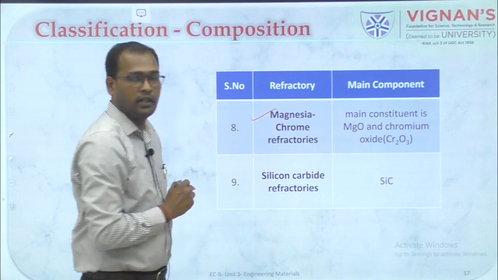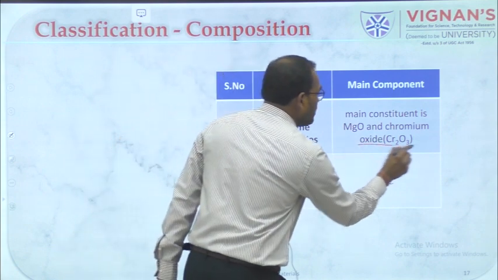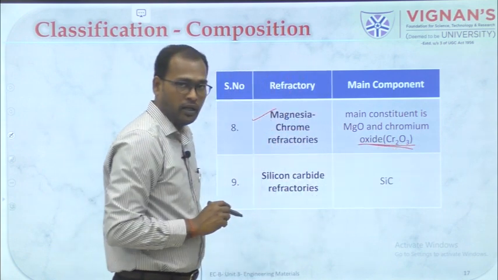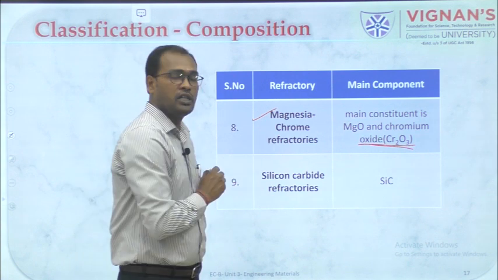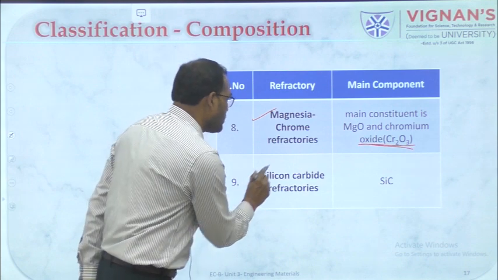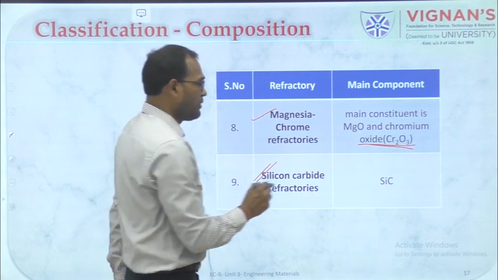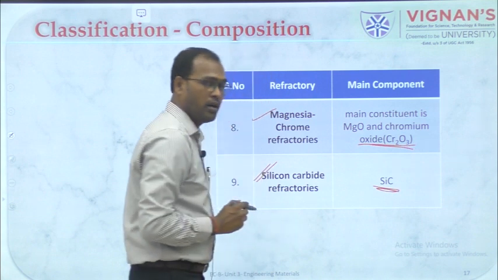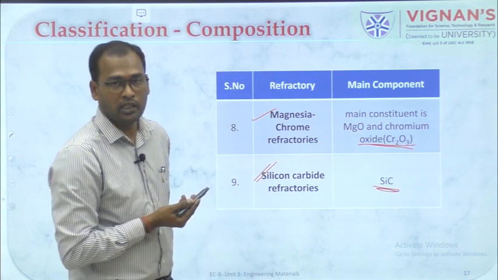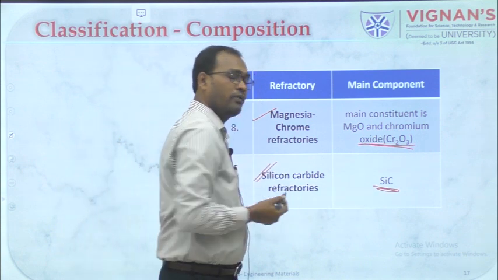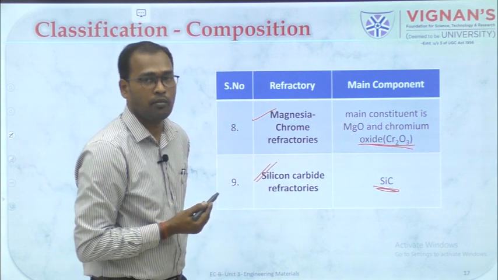Magnesia chrome refractory, where we are using chromium oxide. Chromium oxide is also used as a refractory material. And the last one is silicon carbide refractory, right? If you remember, apart from oxides, other types of materials can also be used. So this is one where carbon has been used, silicon carbide refractories.